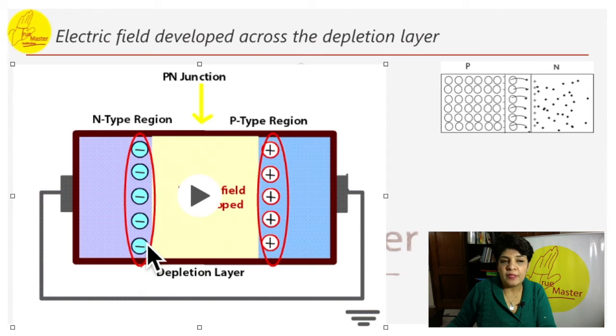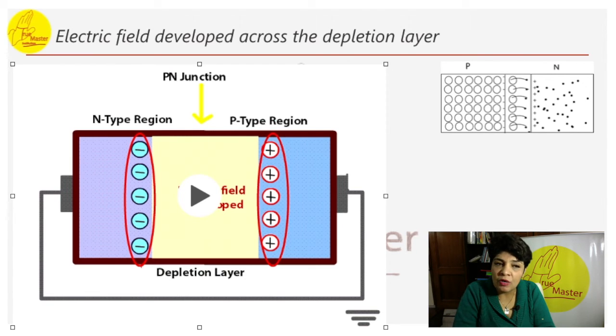The electric field developed across this line, with the negative ions here and the positive ions here, forms the potential barrier, and this electric field will support the minority charges.